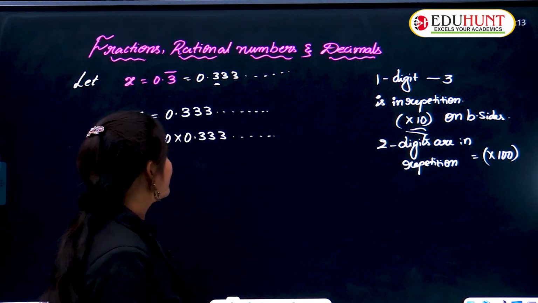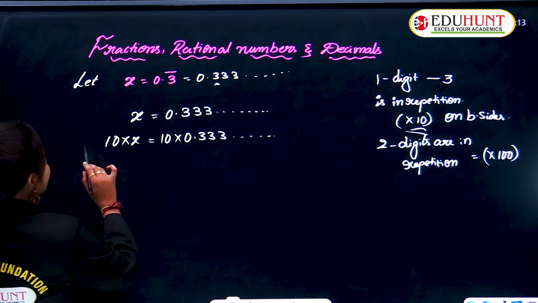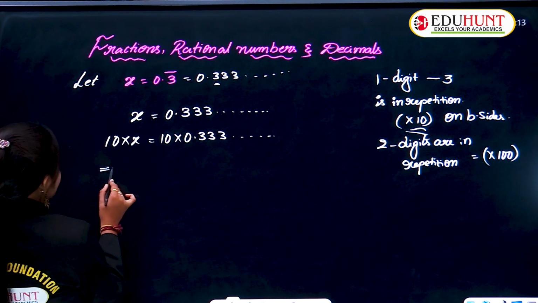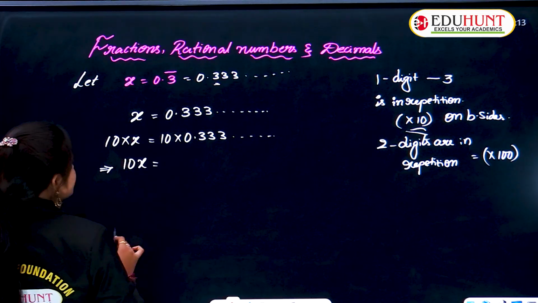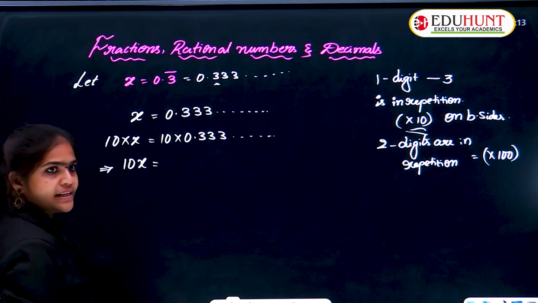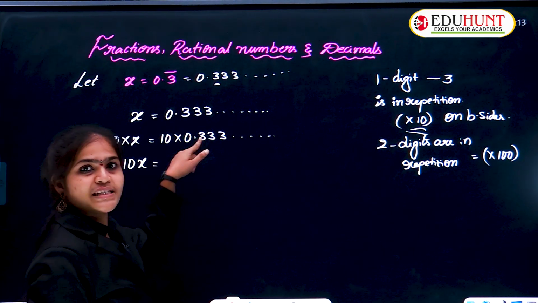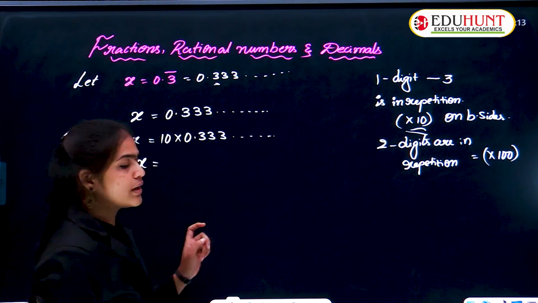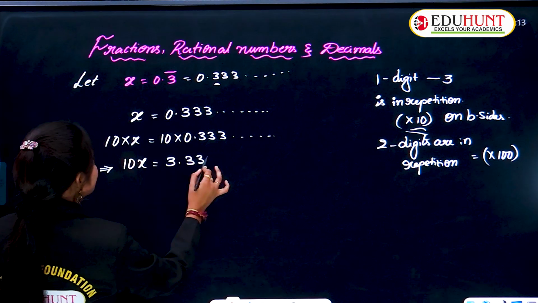Now 10x is equal to 0.333 and so on multiplied by 10, so one place shifts, and we get 3.333 and so on.